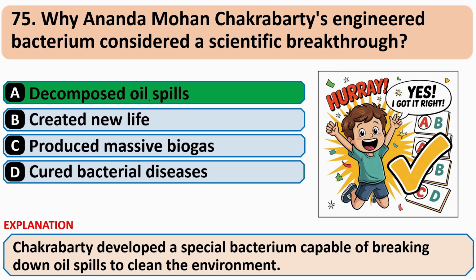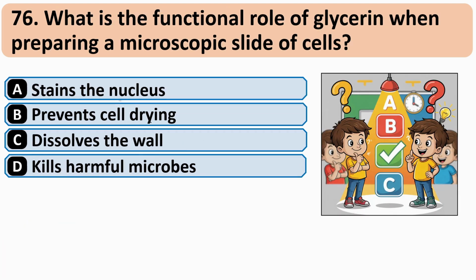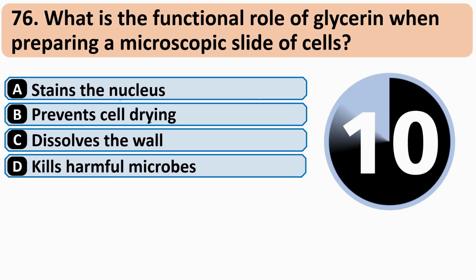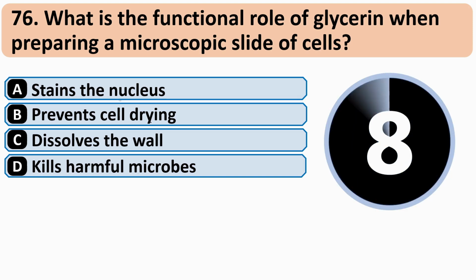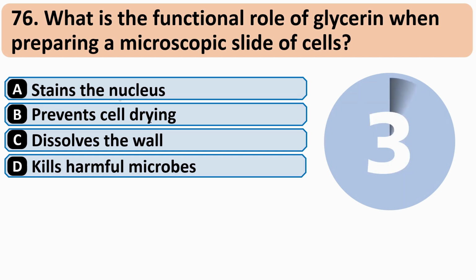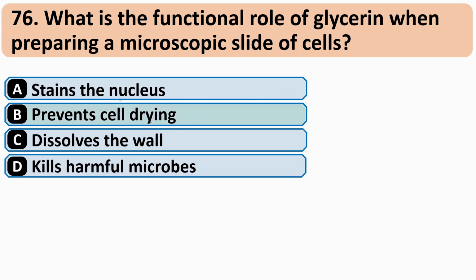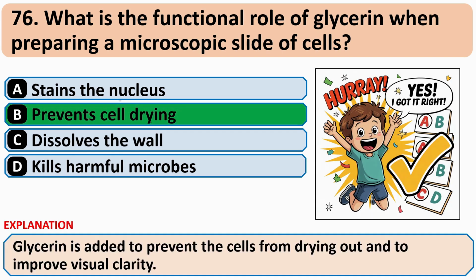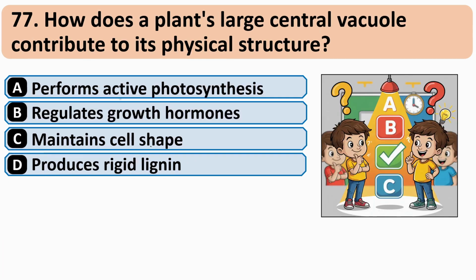What is the functional role of glycerin when preparing a microscopic slide of a cell? And correct answer is B, prevents cell drying. How does a plant's large central vacuole contribute to its physical structure?